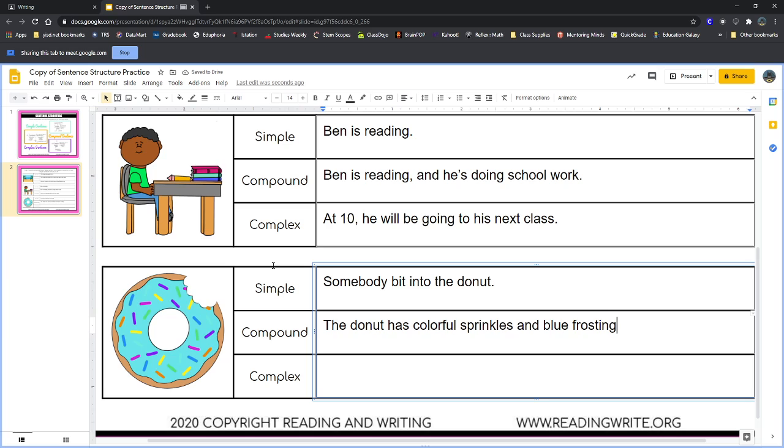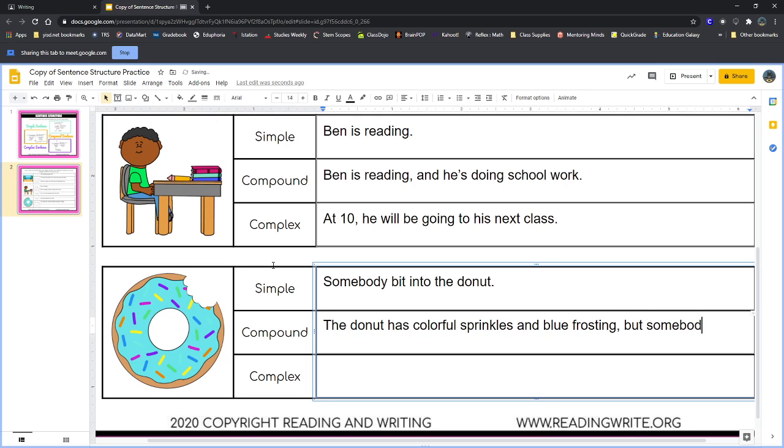And then what else? What's another sentence about the donut that I could combine with it? Kylie? Okay, but we could say, but somebody already bit in.